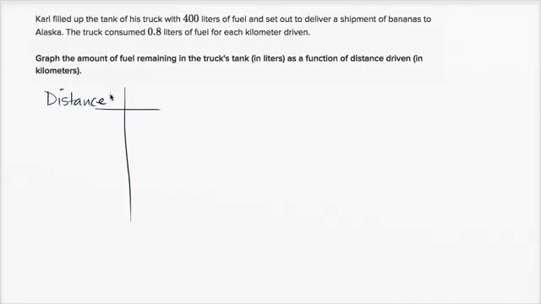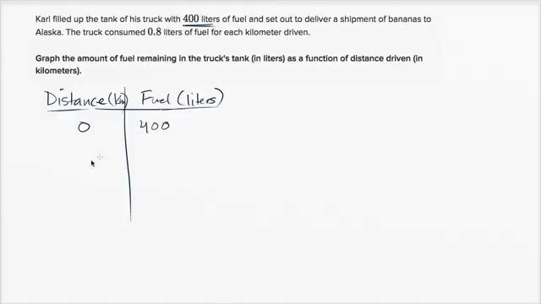Distance in kilometers, and then fuel in liters. We already figured out that right after he filled up his tank, before he set out on his trip, at distance 0 kilometers, he had 400 liters of fuel.